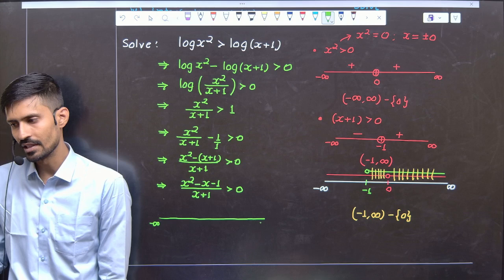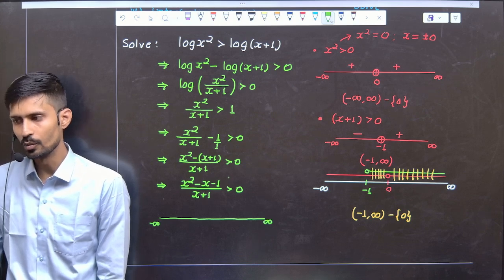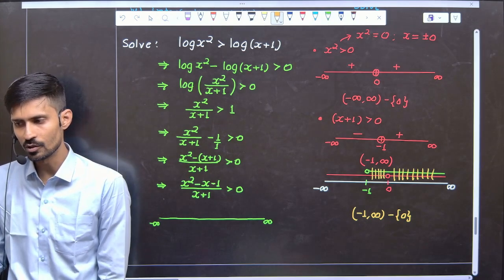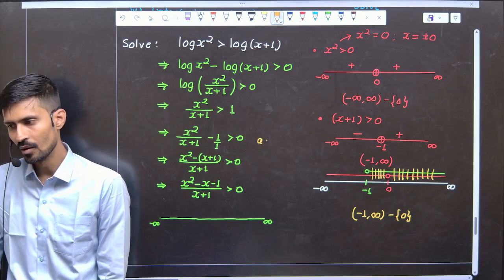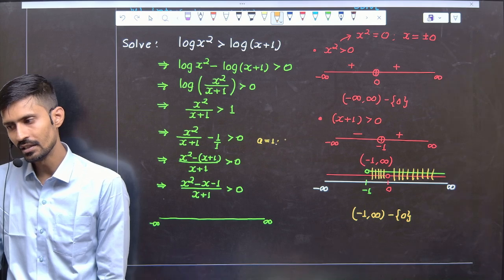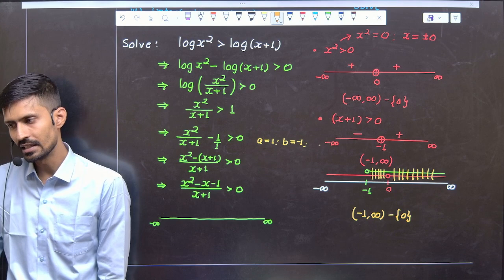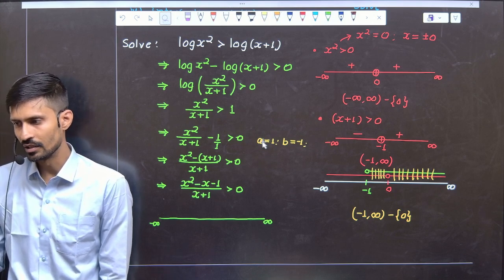Minus infinity, plus infinity. I'll find root of numerator. I'm going to find root of numerator, this quadratic. What is A? 1. What is B? Minus 1. What is C? Minus 1.